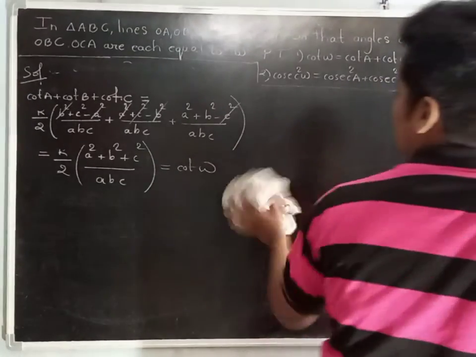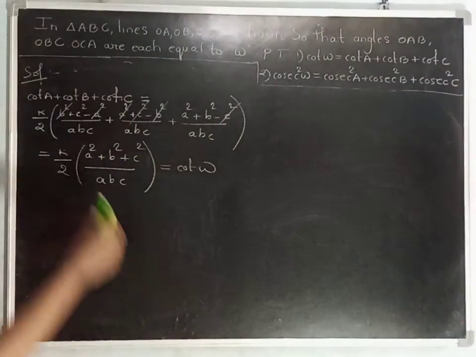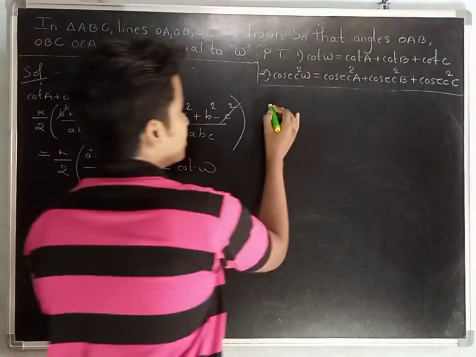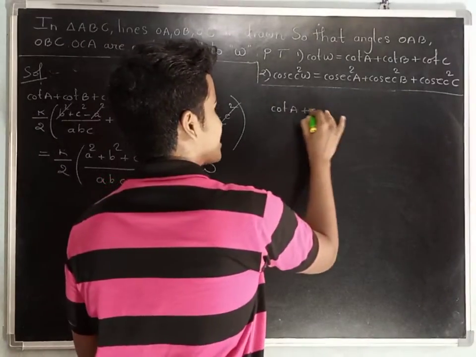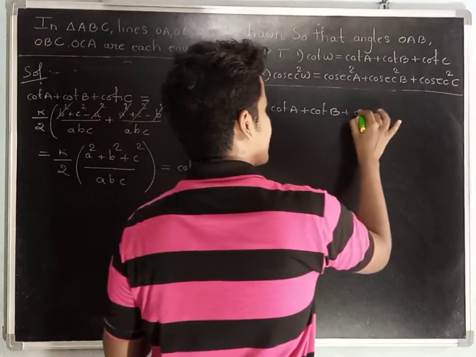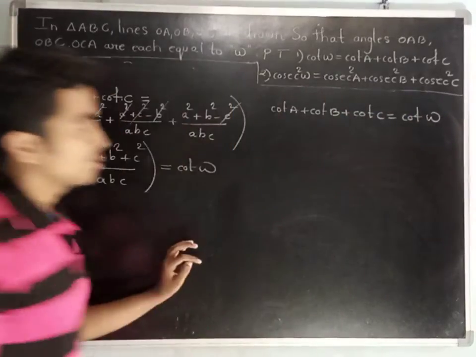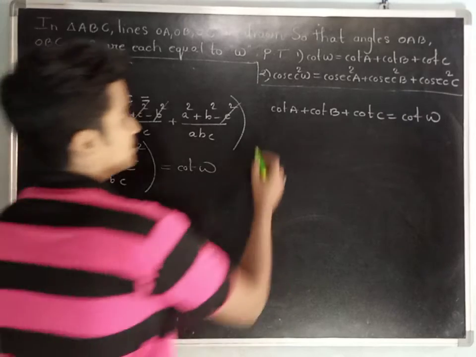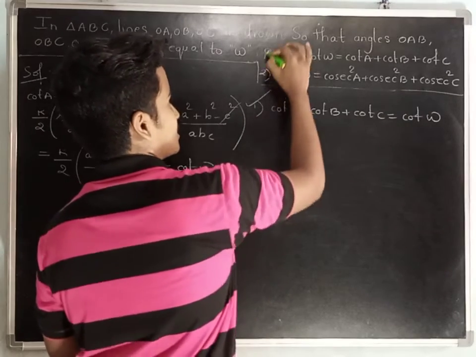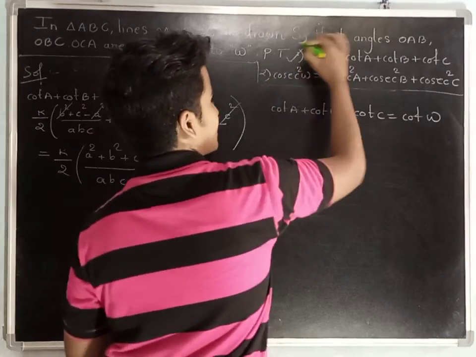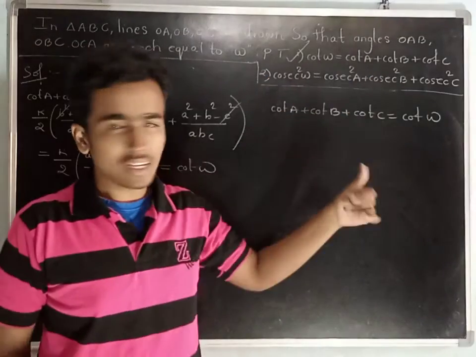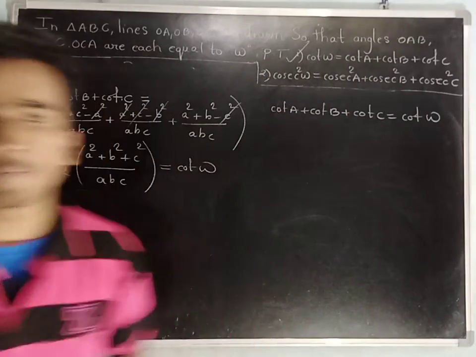Let me erase everything. And finally, we have proved that cot A plus cot B plus cot C is equal to cot omega. This is our first result. This is what we have to prove. Hence, we have proved the result.